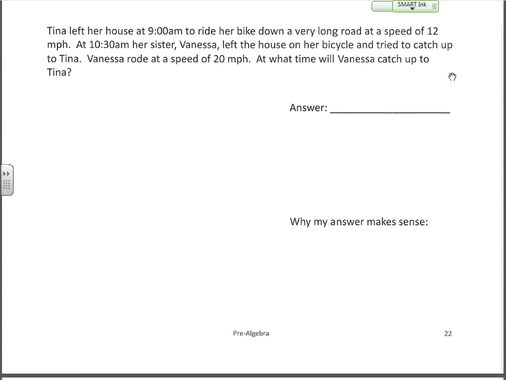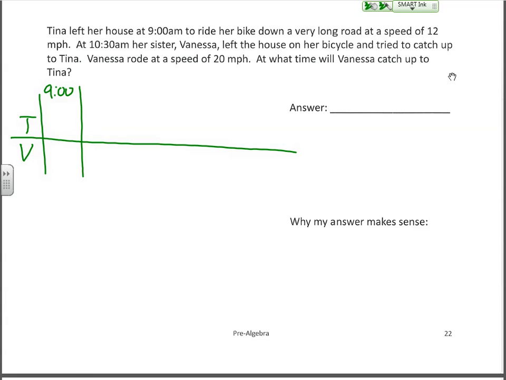So in class, we started making a table with this one. We said, here's Tina, here's Vanessa, and at 9 a.m., Tina starts out, but actually at this time they're still both at 0 because at exactly 9 a.m. Tina leaves. She hasn't gone anywhere yet.